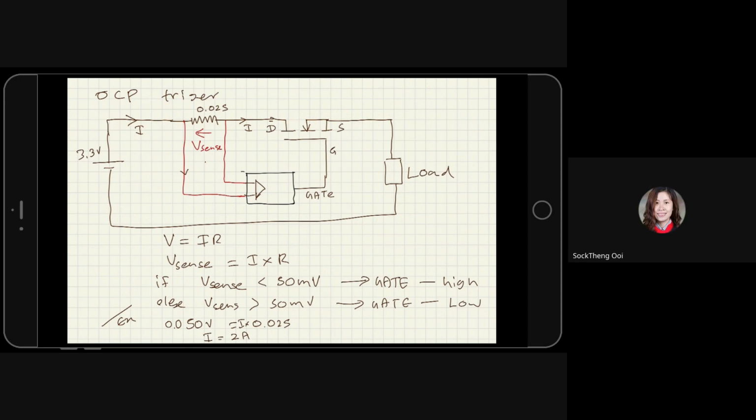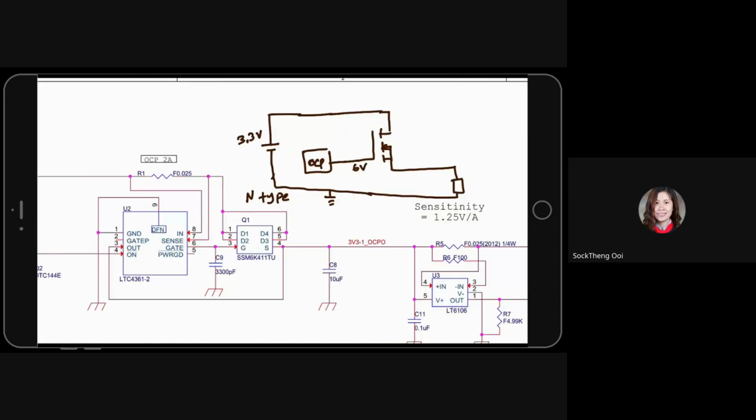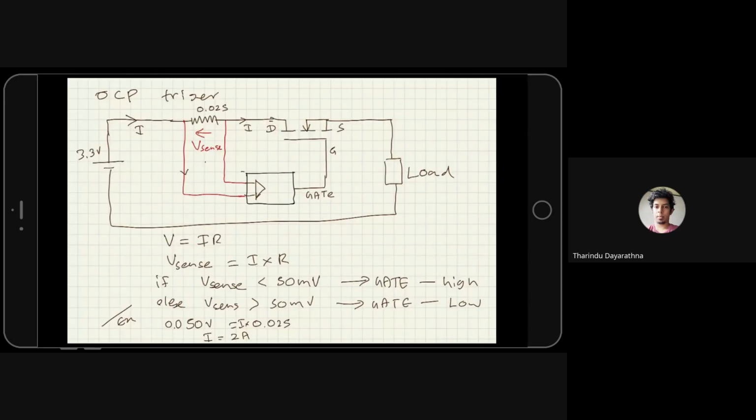Meaning the current is very important. Yeah, by changing the resistor value, you can set the OCP triggering current. You're right.